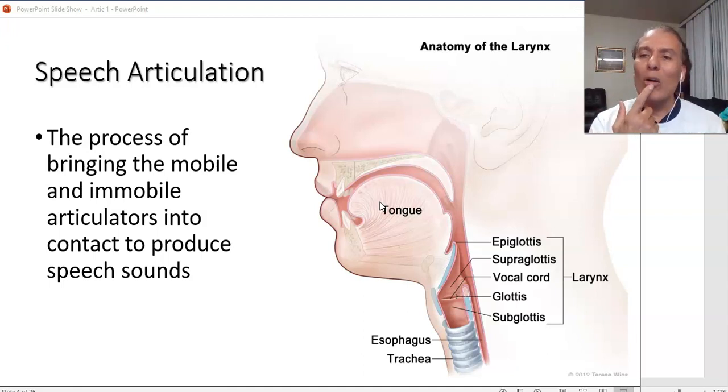Then you bring the lower mobile structure and put it next to the upper front teeth and say fa, fa, fa. Or you put the tongue between the immobile structures of the teeth, say tha. So when they come in contact, then you squeeze the air, you push the air in between. There's usually a constriction in between, and that will produce a consonant sound.